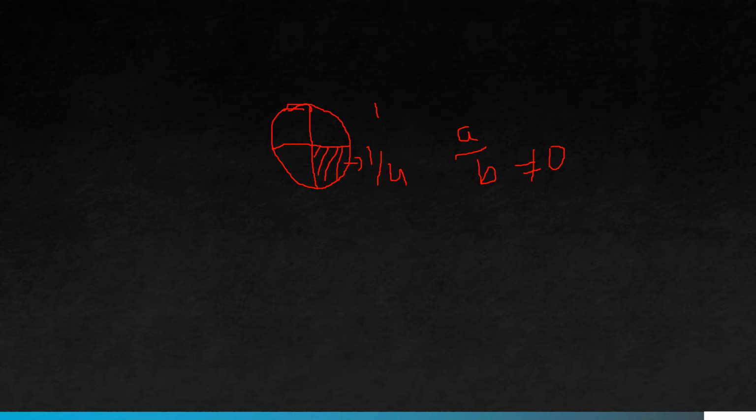This is the definition of the fraction. a will be called the numerator, and b will be called the denominator. A fraction a upon b is the quotient of a whole number a divided by whole number b, where b is not equal to 0. This is the definition of the fraction.